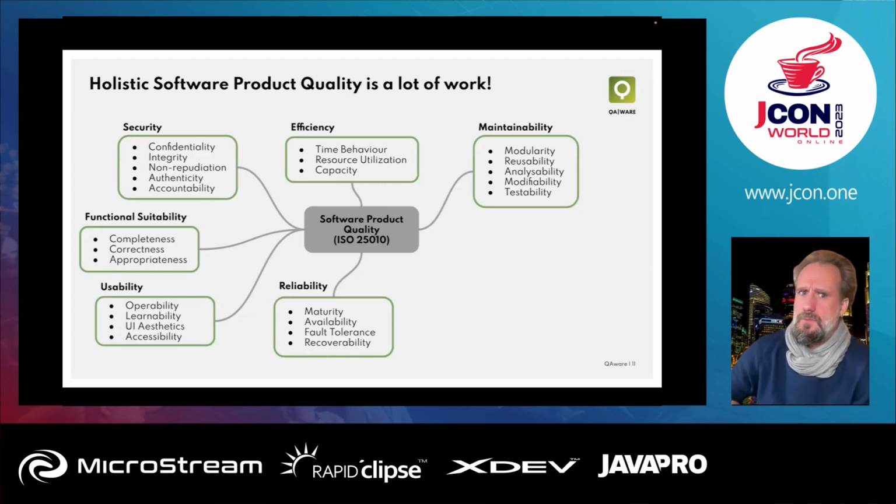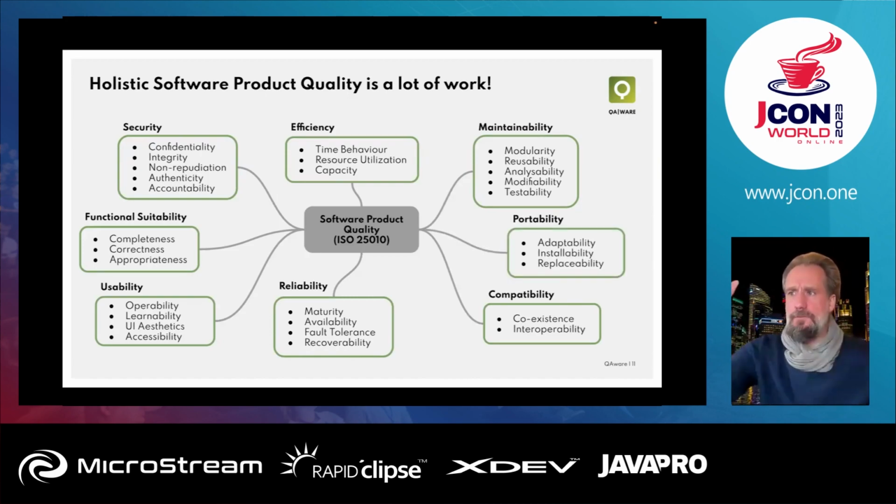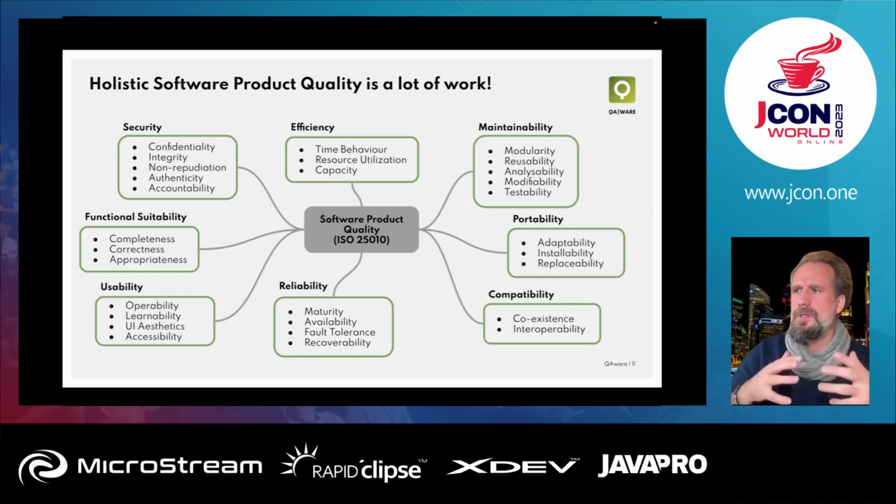Maintainability. This is what we software engineers always think about: modular, testable, modifiable. These good old things. Compatibility, maybe. We're in a REST world, we have different systems talking to each other via some API, so we need to make sure that we don't introduce any breaking changes, so maybe we need to do some contract testing here, and also portability.